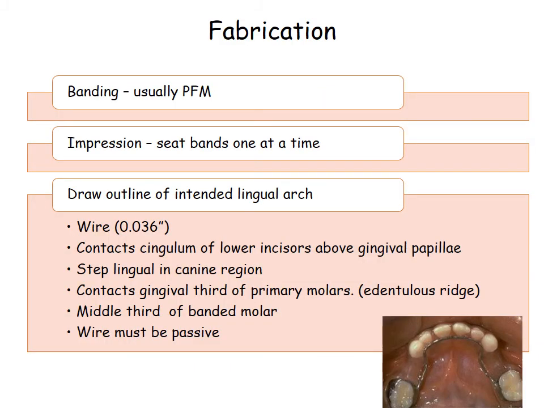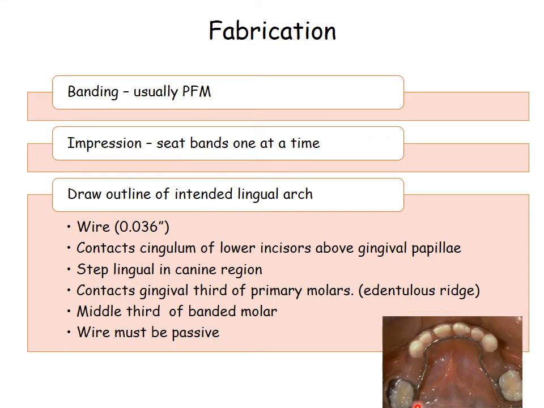So how do we fabricate it? We first do the banding. As you can see in the picture, we first band the permanent first molars, after which an impression is taken, and the bands are seated onto the impression and the cast is made. Then the outline of the lingual arch is made on the cast, and the wire component is made of 0.9 millimeter thick wire.